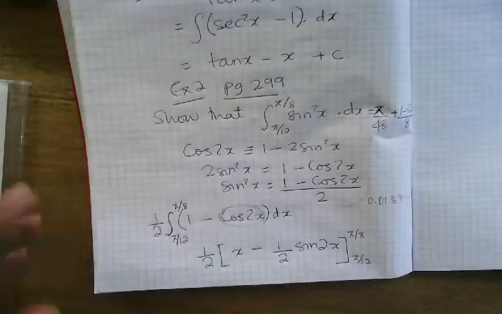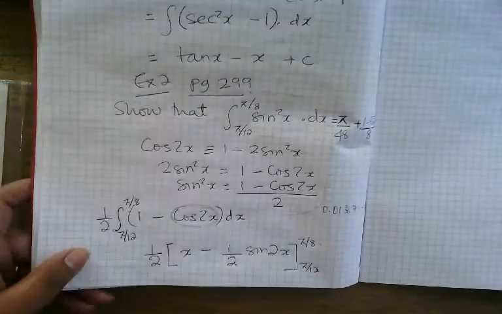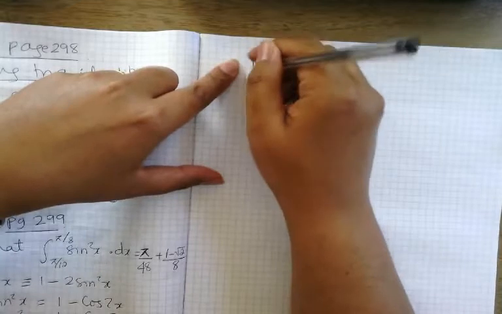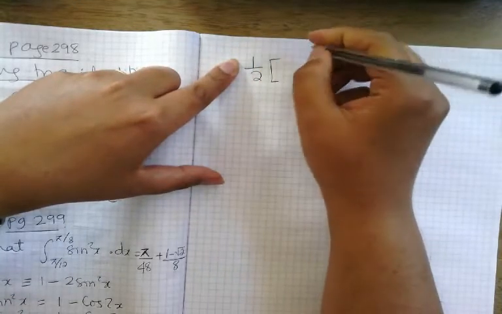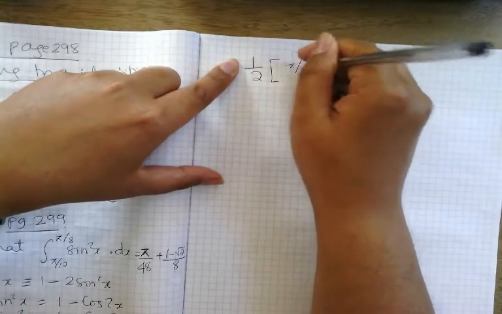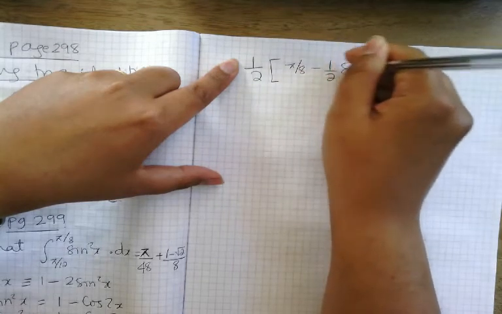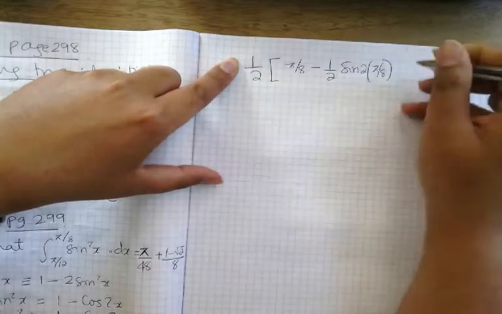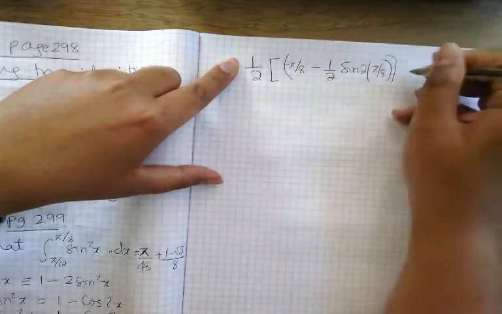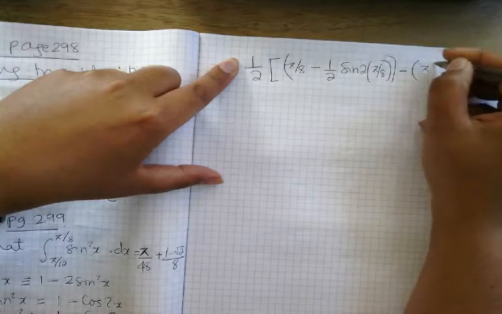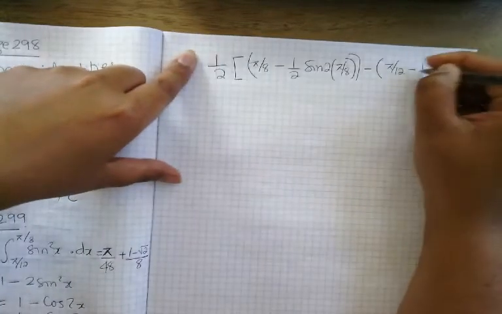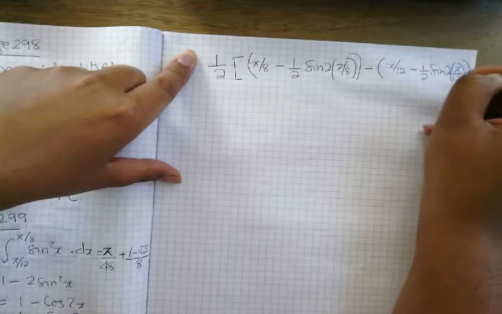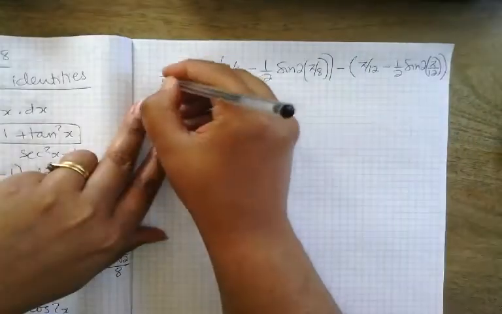Right, now let's just do it by hand. We're going to have to do it by hand because they want an exact value. So I have half. I'm going to leave that out. And I will have pi by 8 minus half sine 2 times pi by 8, minus pi by 12 minus half sine 2 pi by 12. I'm now going to try and simplify this.